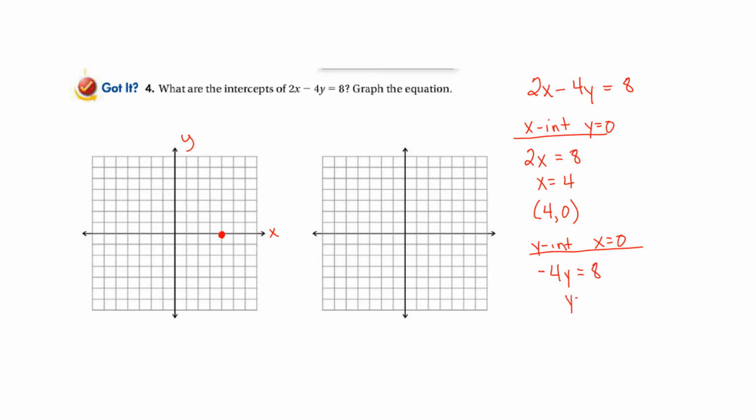Divide by negative 4, and I'd have y equals negative 2, which would be the y-intercept point of (0, negative 2). So I would plot that, (0, negative 2), which would be right here. And then I could draw my line through my two intercept points.